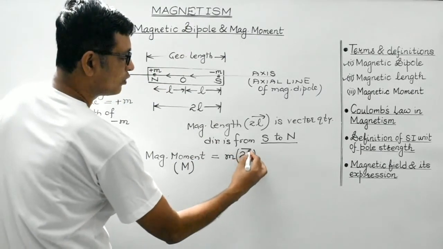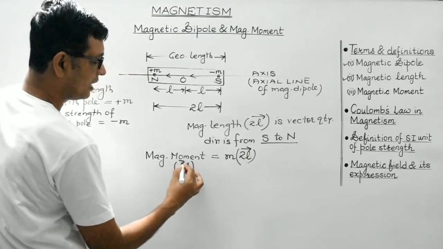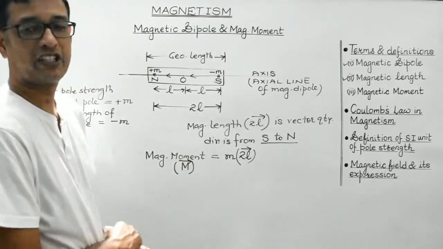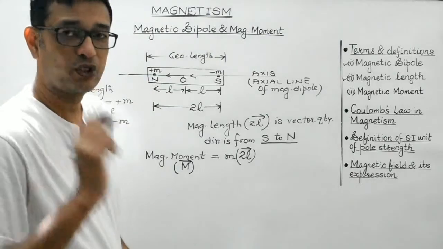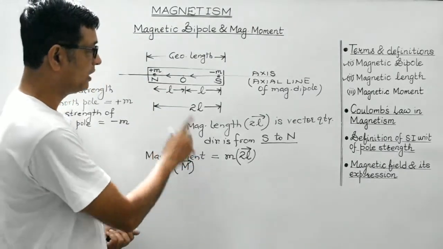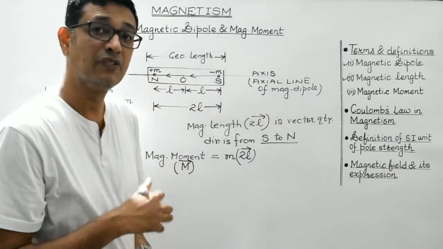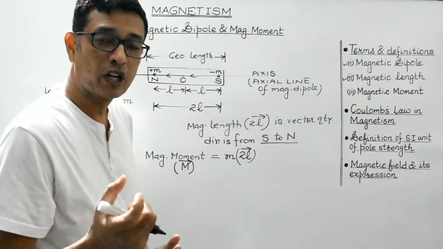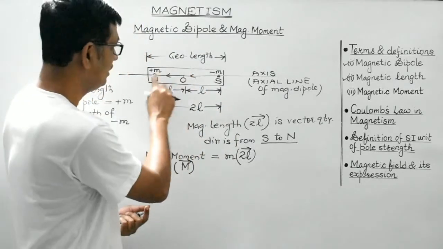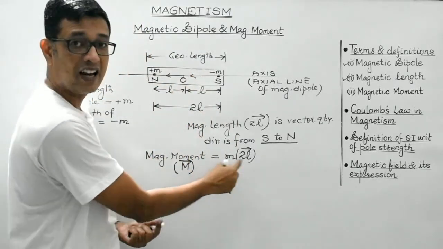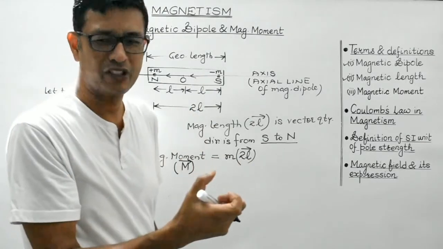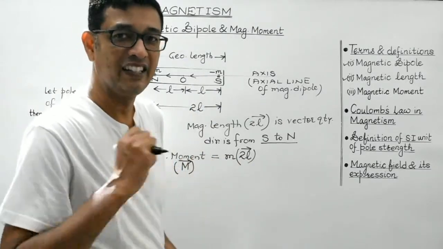Now this magnetic length is a vector quantity, so magnetic moment must also be a vector quantity. Again I repeat, students, the magnetic moment of a bar magnet is defined as the product of the magnitude of either of the pole strengths and the distance between them, which is obviously the magnetic length.